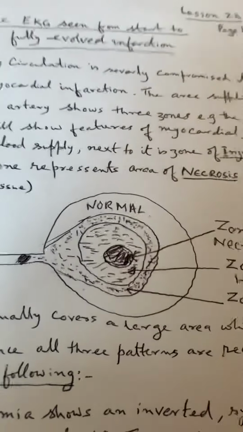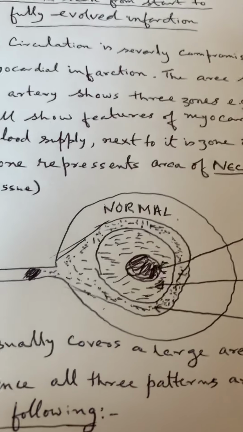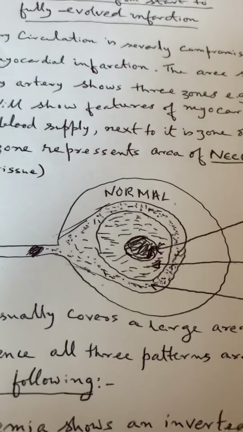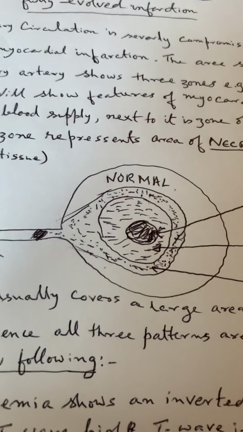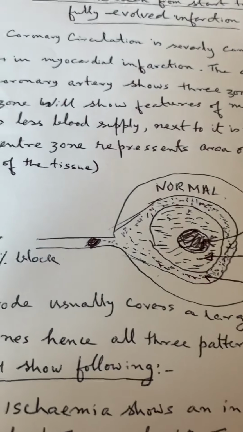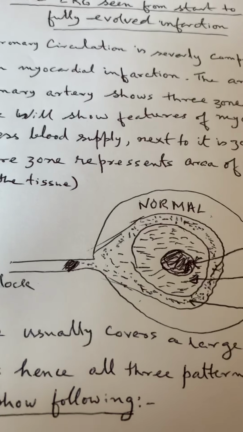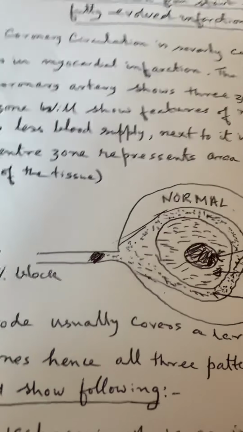So in the center what you see is the dead tissue, followed by injured tissue, followed by ischemic tissue. This is the sequence that you will see. You will see either one or all at a time.